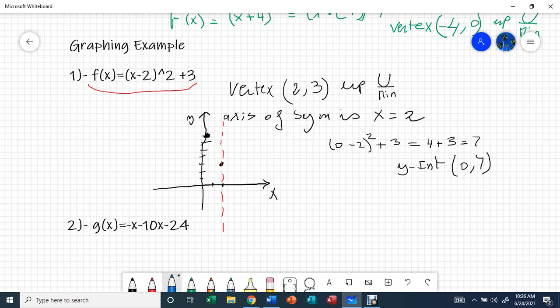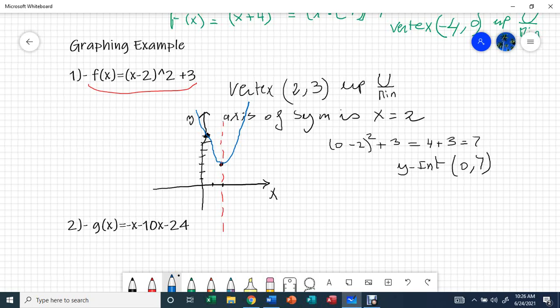And we can graph the function now, the parabola. It's like going from (0, 7) through the vertex, and its mirror image about the axis of symmetry. So this is the graph of my function.